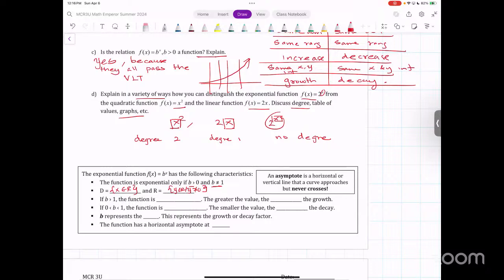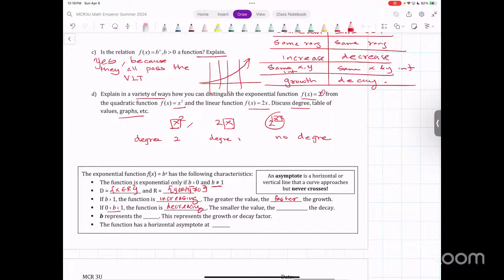If b is greater than 1, the function is increasing. The greater the value, the faster the growth. So if b is greater, it's going to grow faster. If b is a fraction, the function is decreasing.